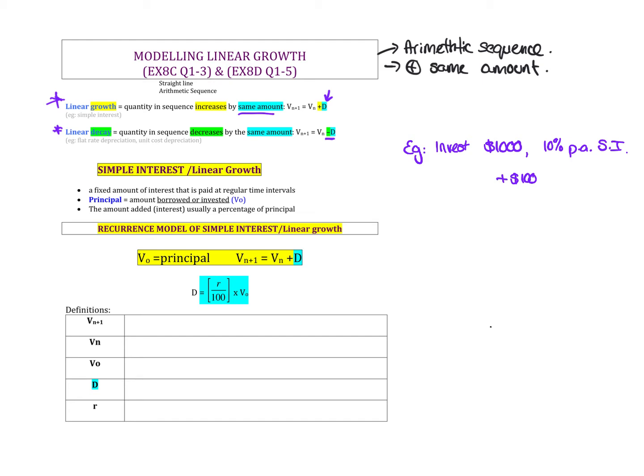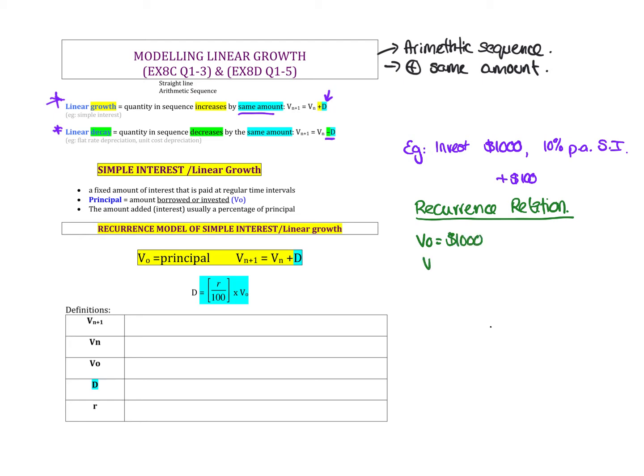So we're going to be asked to write a recurrence relation. We'll be given a simple interest scenario, say the scenario that I've just written, and we'll be asked to make it into a recurrence relation. The V0 would be what I initially invested, which is 1,000.